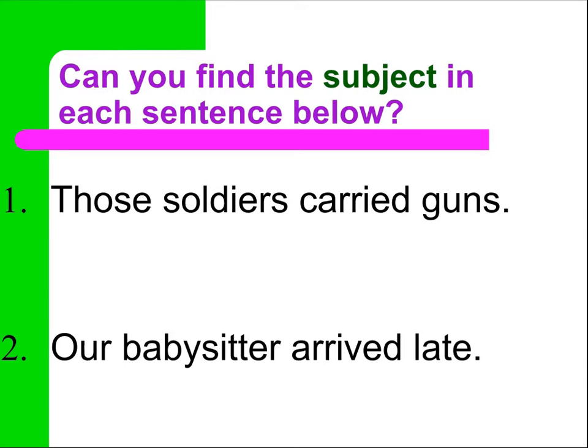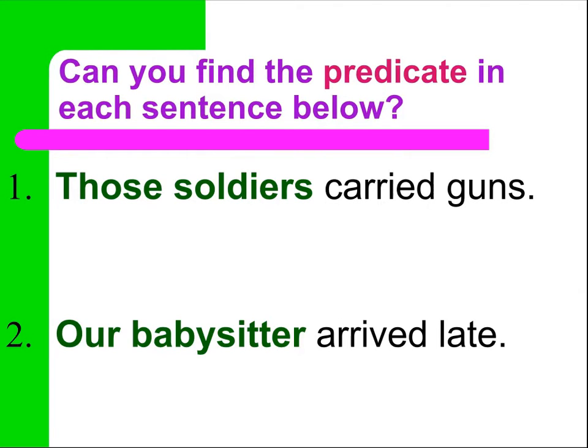What about in these two sentences? Those soldiers carried guns. Or what about the sentence, our babysitter arrived late? Can you find the subject in each sentence? Did you mark those soldiers as your subject? What about our babysitter?